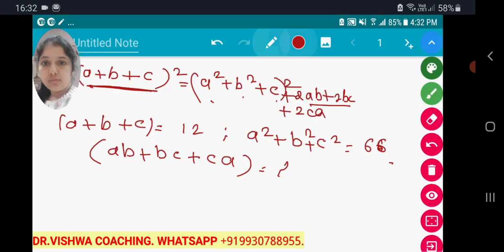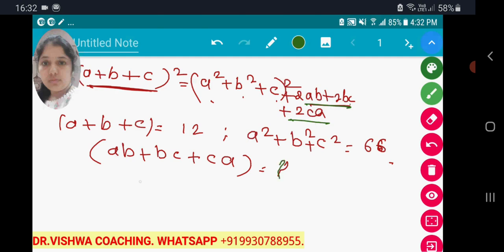We can take 2 common from all three, and it becomes ab plus bc plus ca, and that is what we have to find the value of.